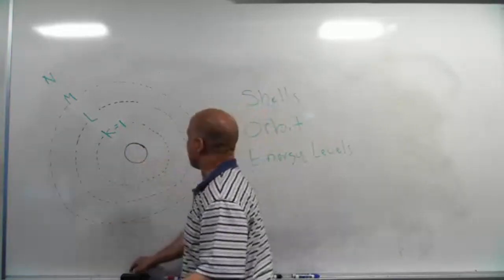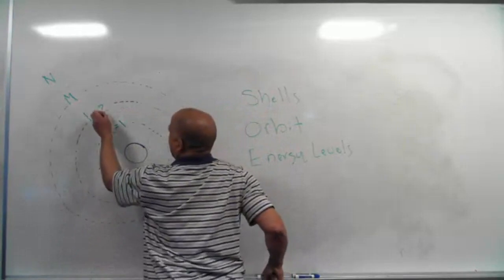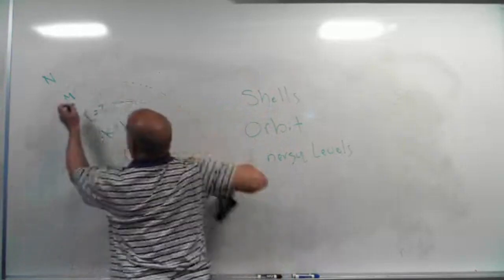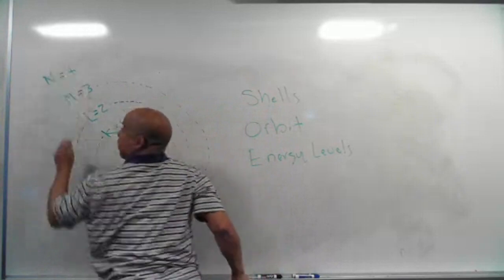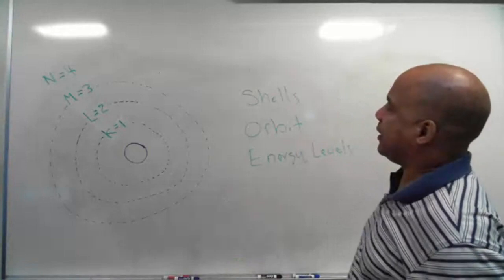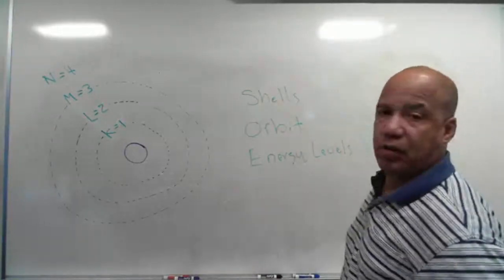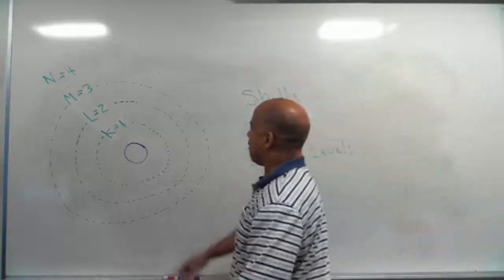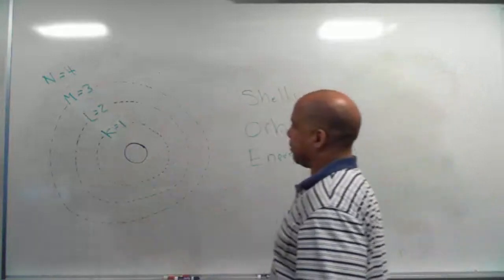And then you just count outward. L would have a shell number of 2. M will have a shell number of 3. And N would have a shell number of 4. So each orbit or shell has a letter to name it, and each has a shell number. And again, we just count out from the nucleus outward to get the correct shell number.